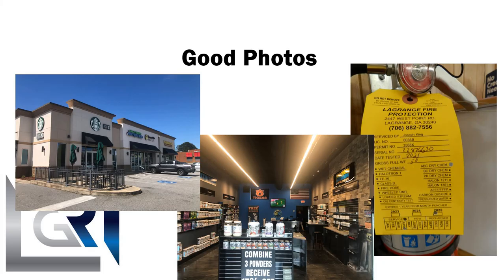In the right photo, you see a yellow service tag of a fire extinguisher. If you look at the top, there's a little green indicator. I can see that it is in the green, which is good.